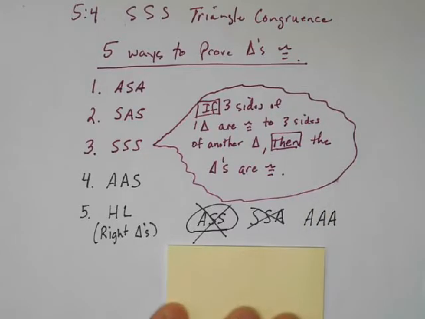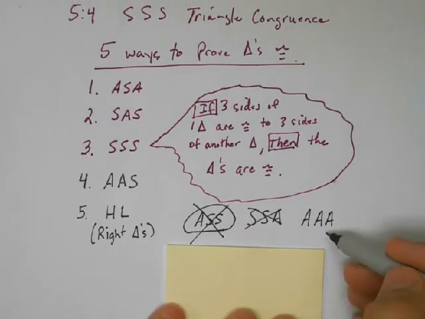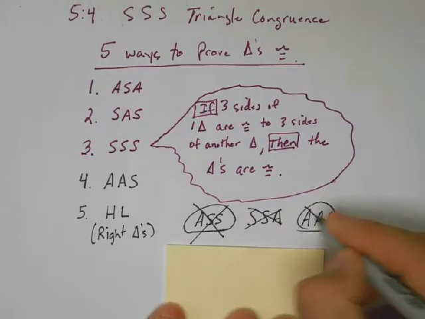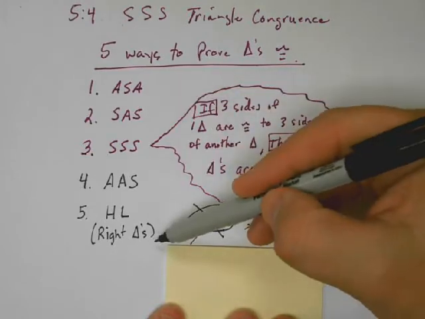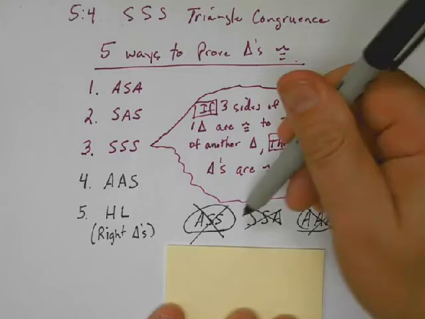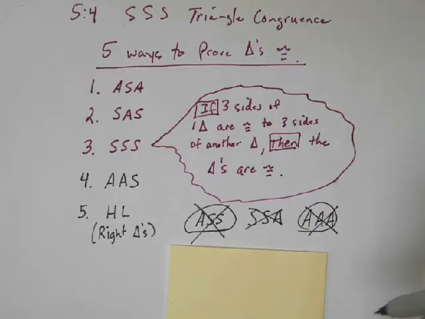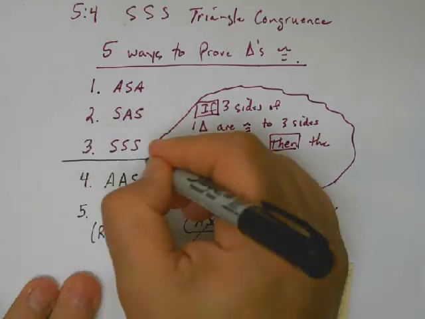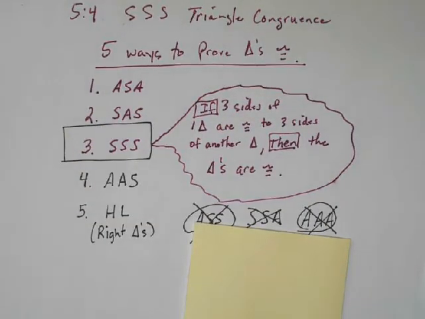Remember we talked about the 60-degree angle triangle? We have AAA. That doesn't work either. So we've got 5 ways that do work and basically 2 ways that don't. We only need the correct 3 parts. Today we're going to focus on this one. Any questions?